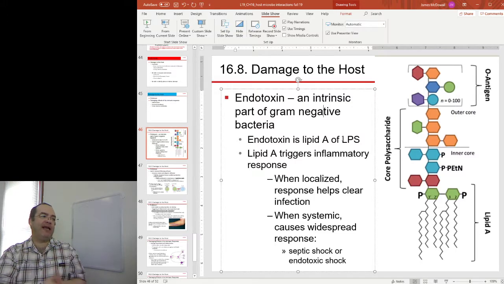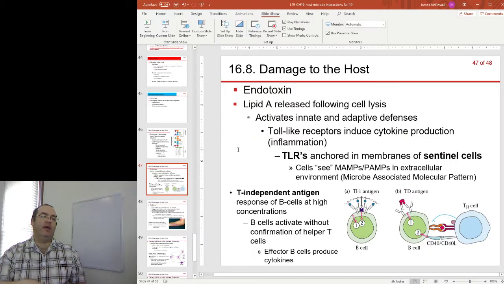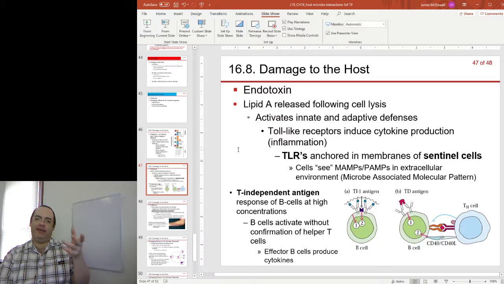Again, we've got to cast our minds back to our immune response and B cell activation. We have our T dependent and our T independent antigens.